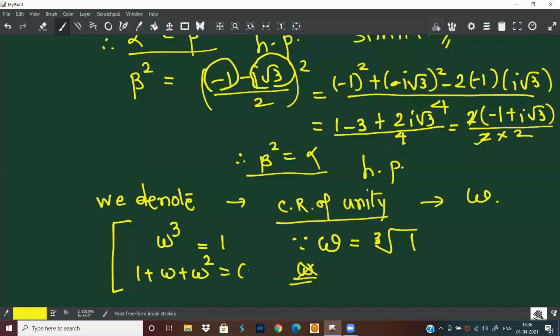So 1 plus omega square is 0. Correct? So any sum can be solved using these two. If omega represents complex cube root of unity, then omega cube is 1 and 1 plus omega square is equal to 0. Is that clear?